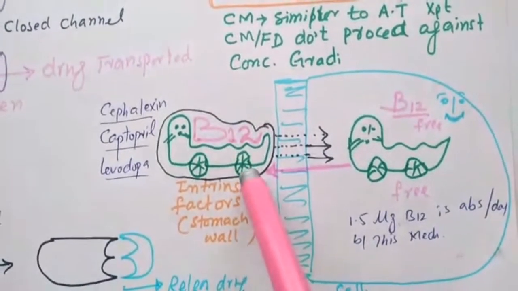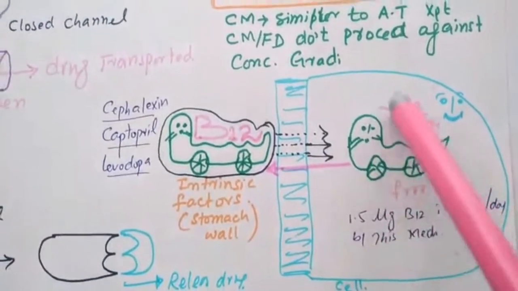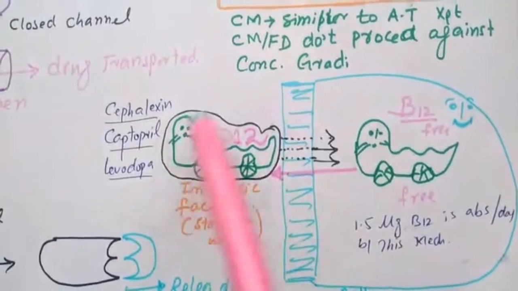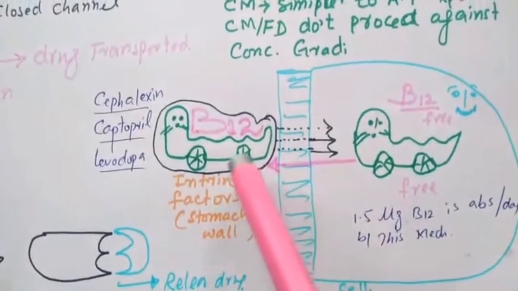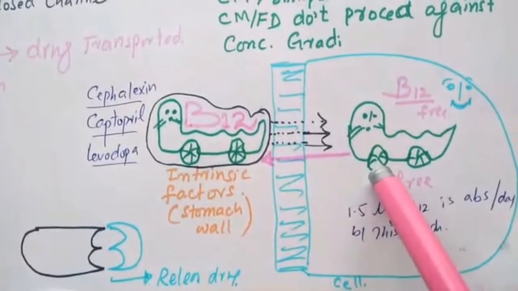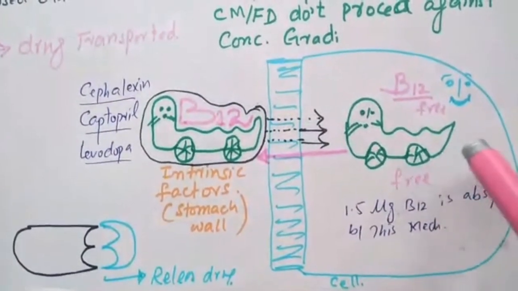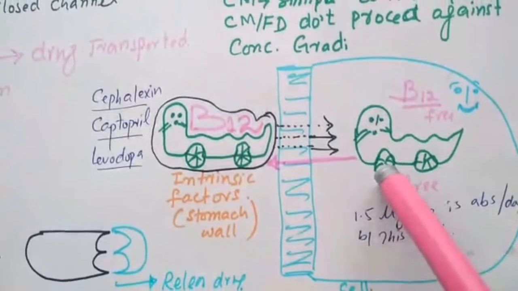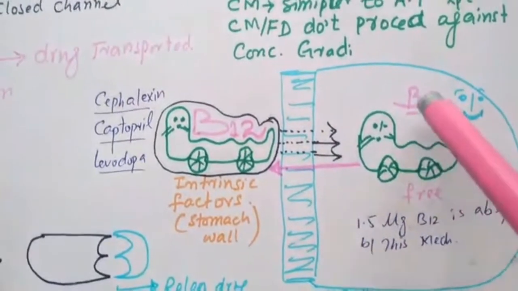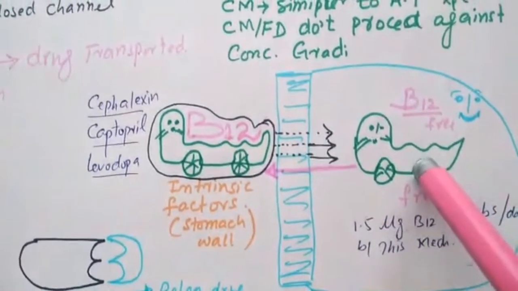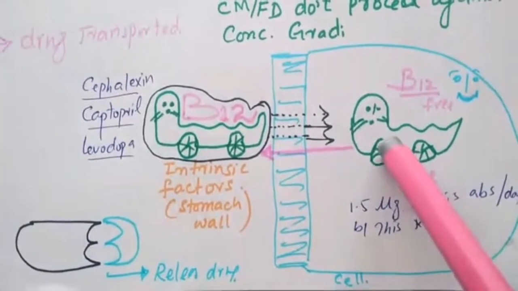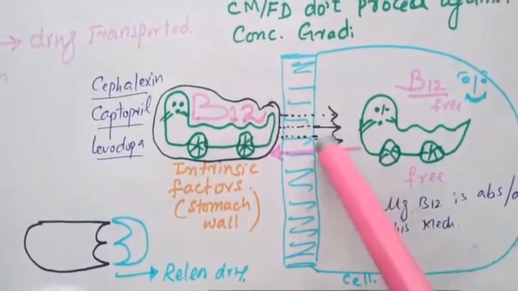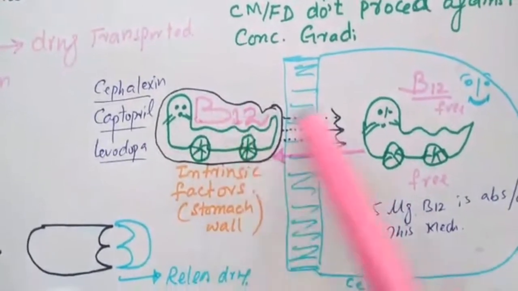This complex is then internalized into the cell, that is, the complex crosses the biological membrane. Inside the cell, the lysosome cuts this complex, and after cutting, the B12 is free and the carrier, that is the intrinsic factor, is free. Now this intrinsic factor is reabsorbed to carry the next vitamin B12.